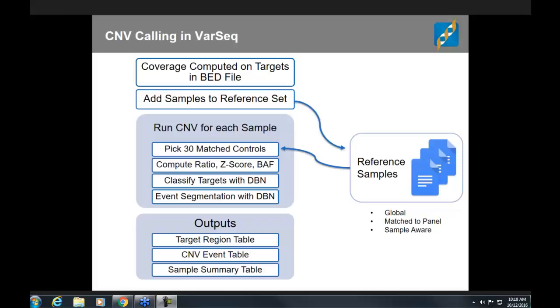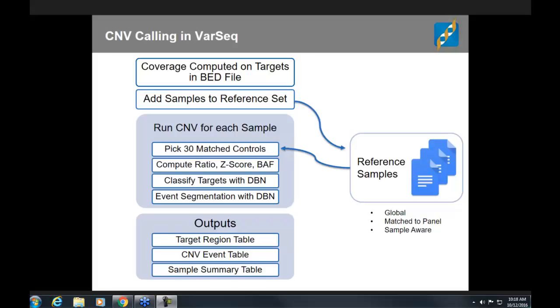And so what you end up with is a target region table that has all of your target regions with the coverage information along with all of the CNV information. So whether the target was called as diploid or deletion or duplication, as well as information about the various metrics we use, such as the ratio and the z-score.